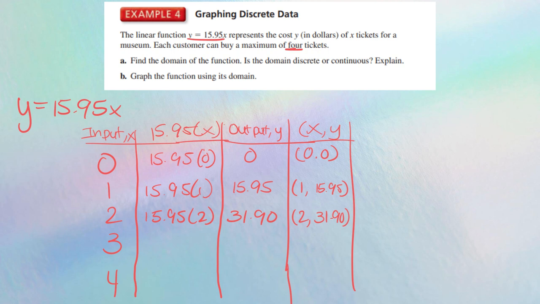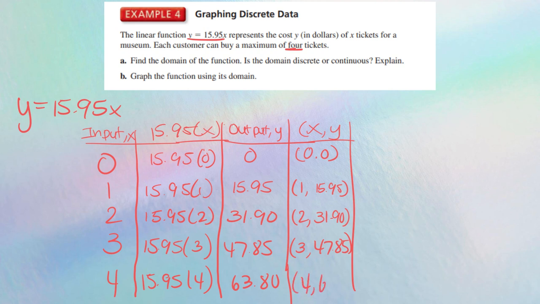It's going to be $15.95 times 3. What is $15.95 times 3? $47.85. So my ordered pair is going to be 3 and $47.85. Correct? And finally, what if I was to buy 4 tickets? What is going to be my price on that? $63.80. So my ordered pair is going to be 4 and $63.80.